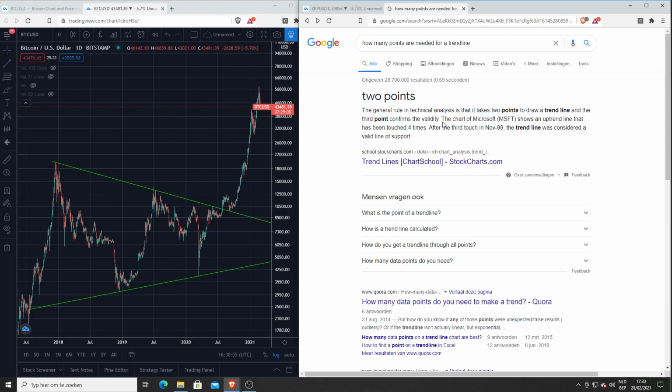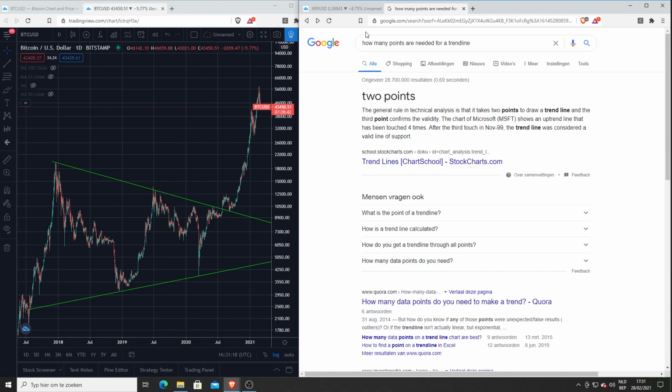That's very interesting. As an example, they say the chart of Microsoft shows an uptrend line that has been touched 4 times. After the third touch in November 99, the trend line was considered a valid line of support. So only after the third touch was the trend line considered a valid line of support.